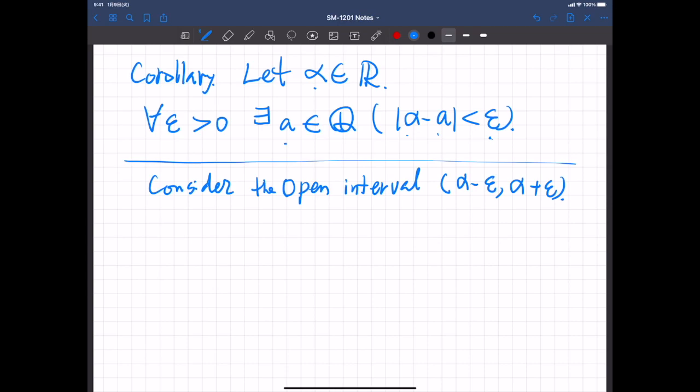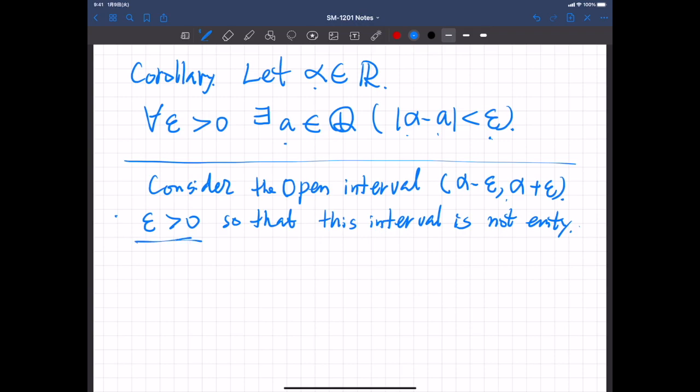It is important to ensure that this interval is not empty, since epsilon is greater than 0, so this interval is not empty. If this is empty, there cannot be any rational number in between, right? So we have to ensure this.